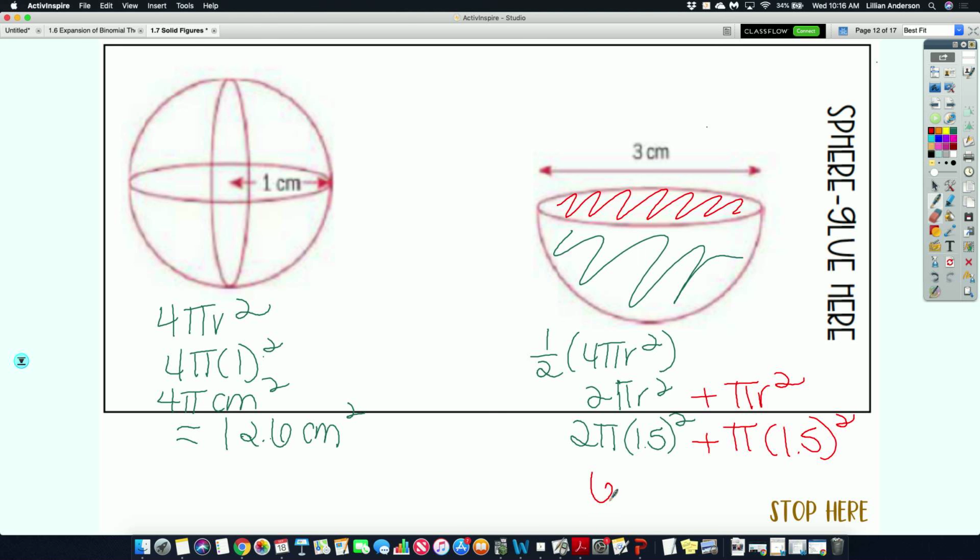Exact would be 6.75 pi centimeters squared, but we would round that to 3 significant figures. If we wanted to, we'd get 21.2 centimeters squared. So sphere is pretty straightforward. You just got to be careful that when you are dealing with the hemisphere and it's asking you to find surface area, you want to take into consideration that top circle.